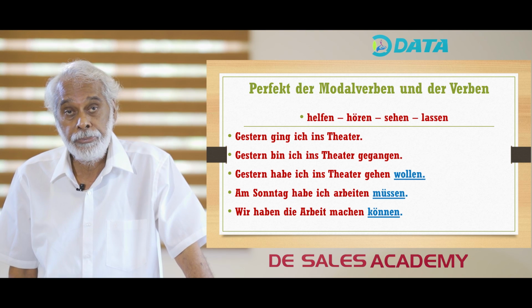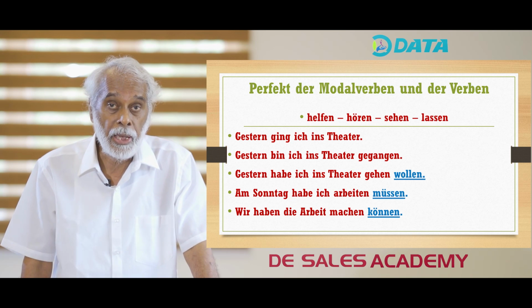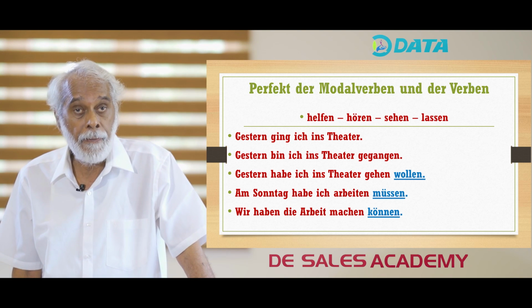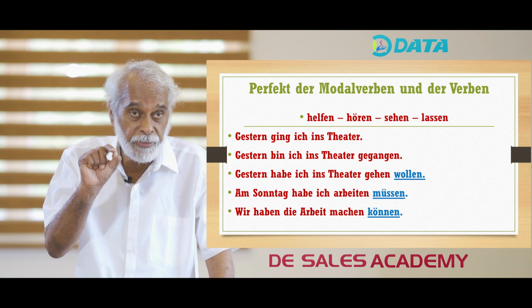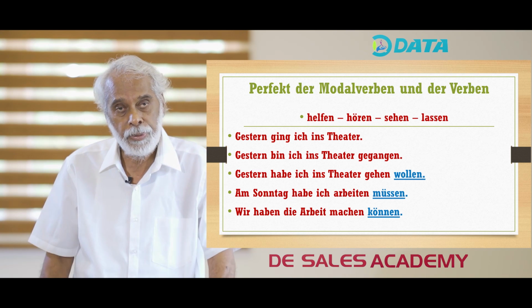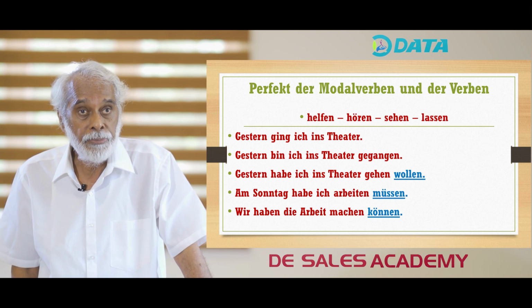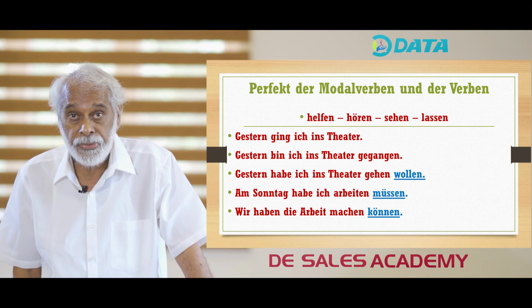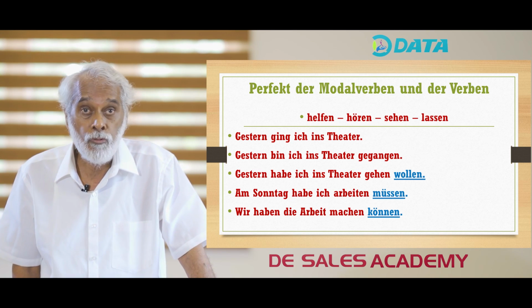Präteritum. Gestern bin ich ins Theater gegangen. Perfect. Now to this perfect sentence, we are clubbing a modal verb. Gestern habe ich ins Theater gehen wollen.